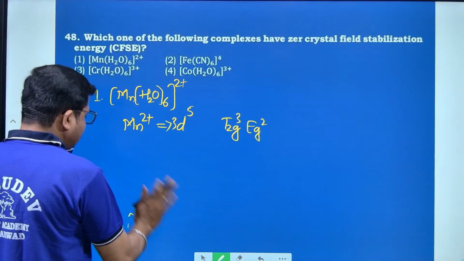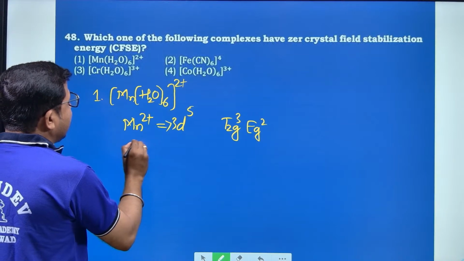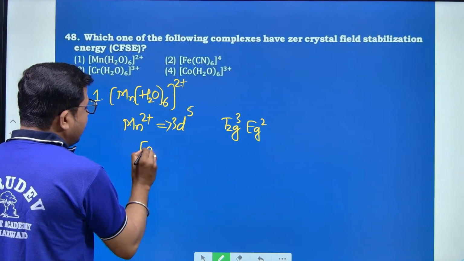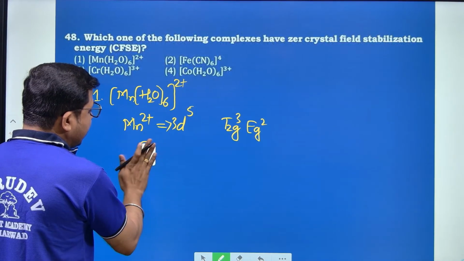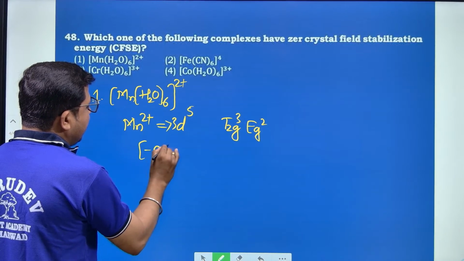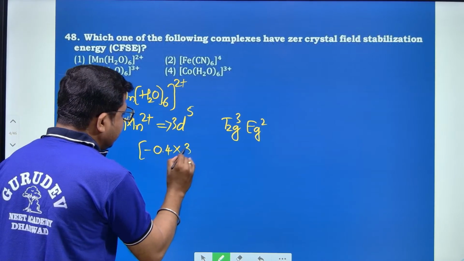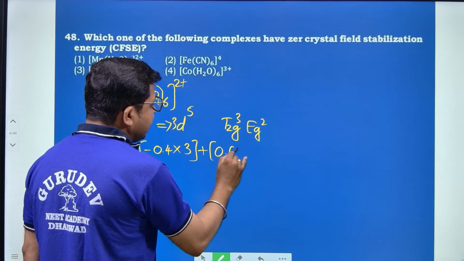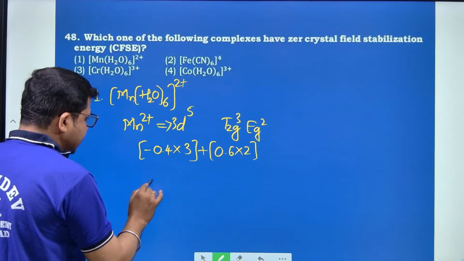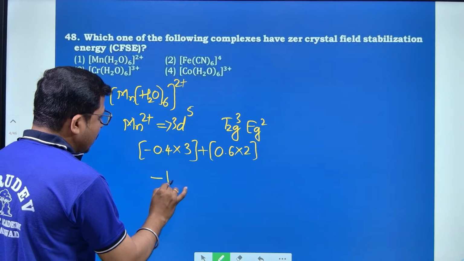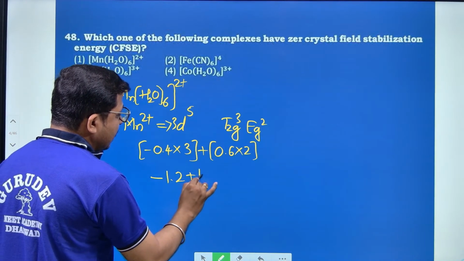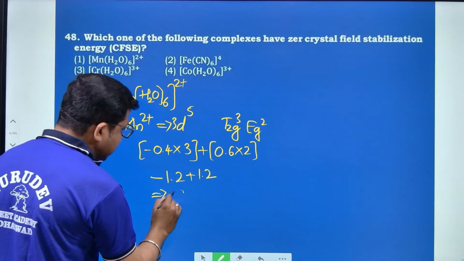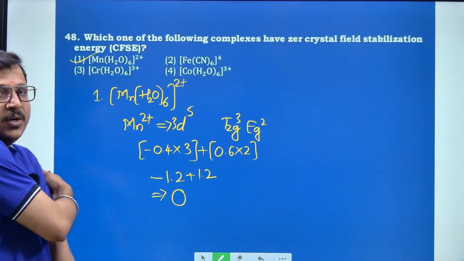Hence the formula to calculate this one is minus 0.4 into 3 plus 0.6 into 2. So this becomes minus 1.2 plus 1.2. Hence the crystal field splitting energy of the first complex is 0. Hence the right option is 1.